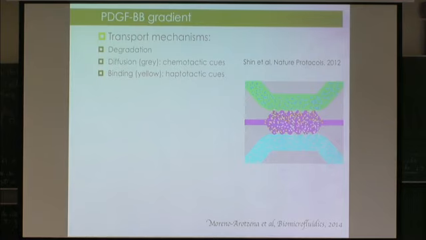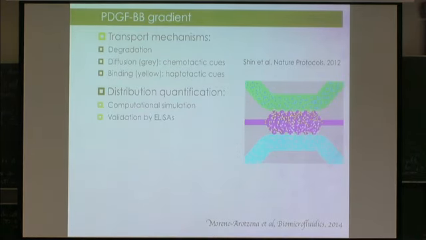We consider that this bound factor can create a haptotactic cue for the cells to move inside the gel. To quantify the experiment and the model, we use computational simulation, and we use an ELISA experiment to measure the amount of growth factor in this channel and the amount of growth factor in the opposite channel.